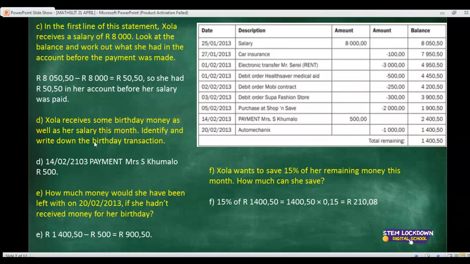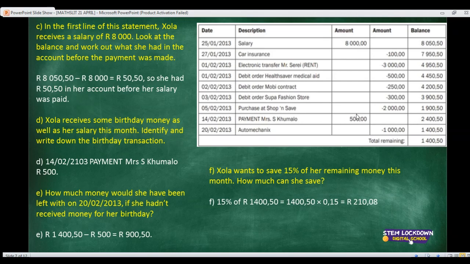And then D, Kola receives some birthday money as well as her salary this month. Identify and write down the birthday transaction. So in this statement, we were told Kola had received the salary and he's also received birthday money. So it's the two options. We already know that for salary, he received 8,000 rands.